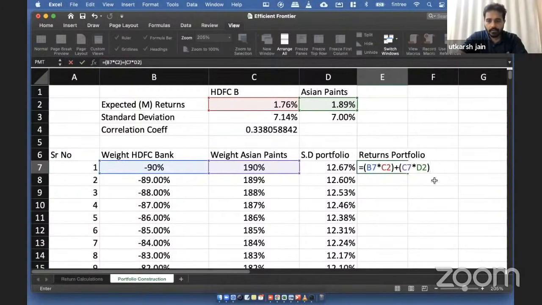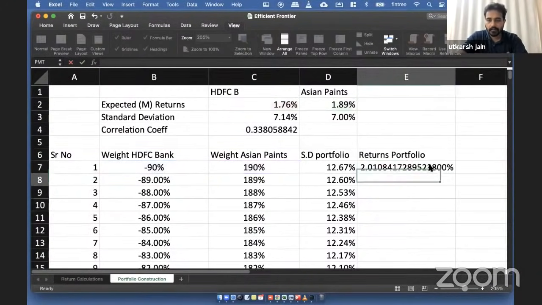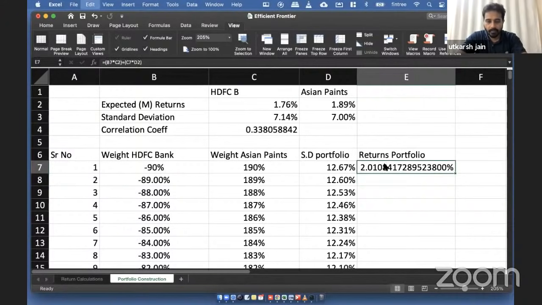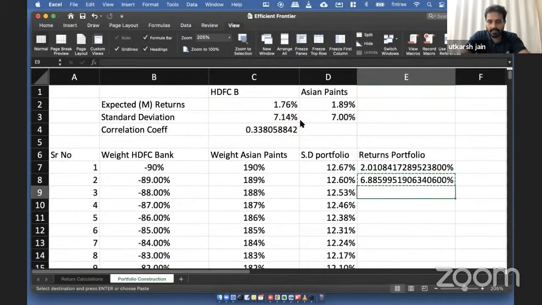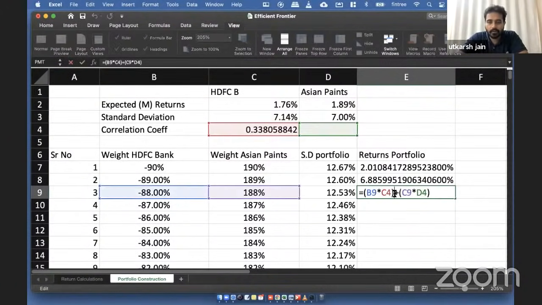Okay, so if I just hit the enter here, and if I copy paste the formula, what happens is the way Excel formulas work is it will understand that I have to take the adjacent weights and then see it is taking the standard deviation. If I copy paste it one more time and see what it will do, it will take these columns. You get the point, right?